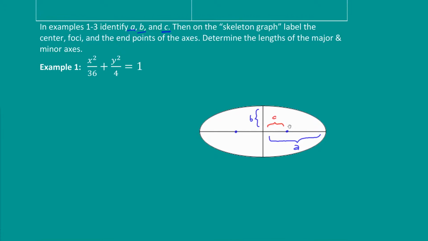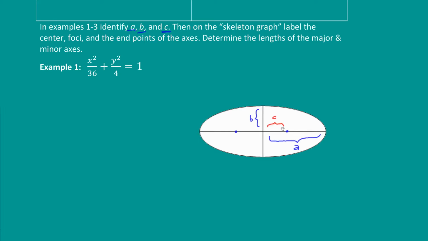There is a derivation that we could go over, but really what I'm more concerned about is you seeing that the A is substantially larger than the C. It has to be. The focus has to be inside the ellipse in this case, right?